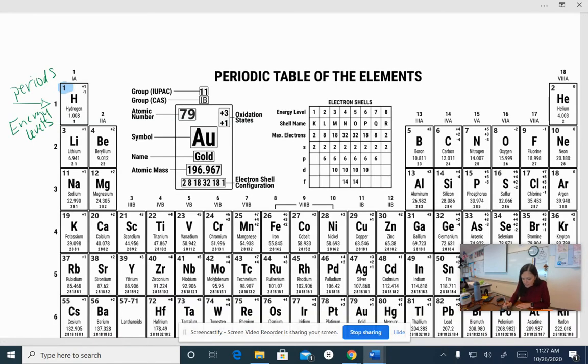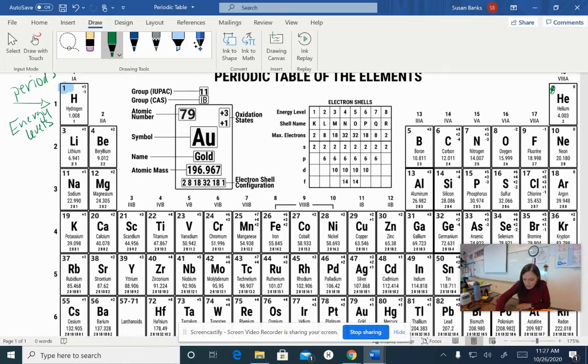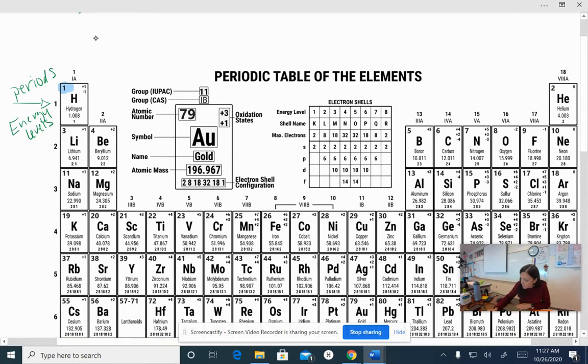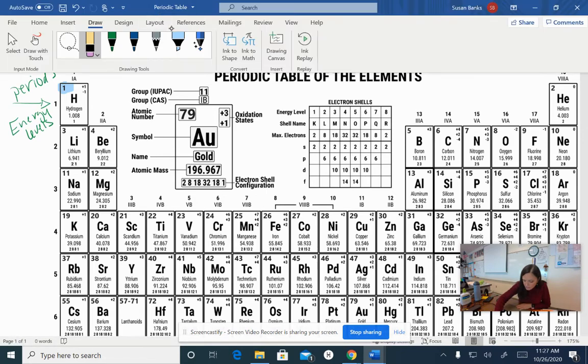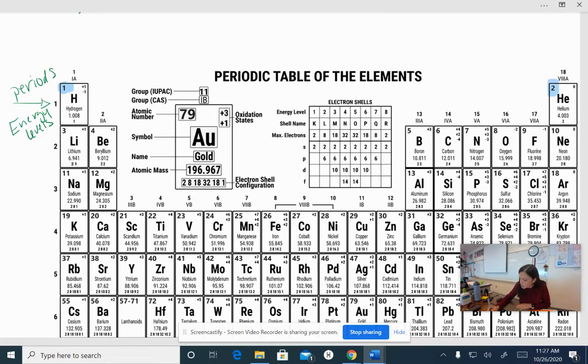So when I look at helium, I've got two. I should switch this back to a highlighter. I've got two electrons there, two protons, two electrons. Okay, so now on your homework, I'm going to ask you to also find neutrons.